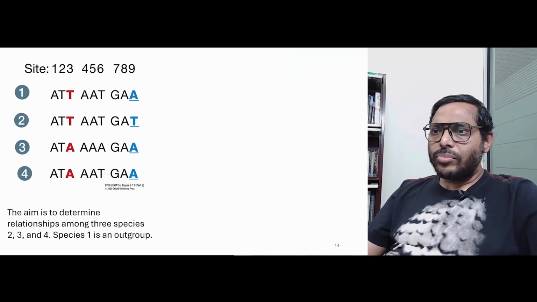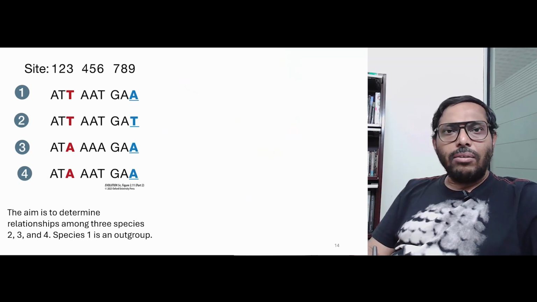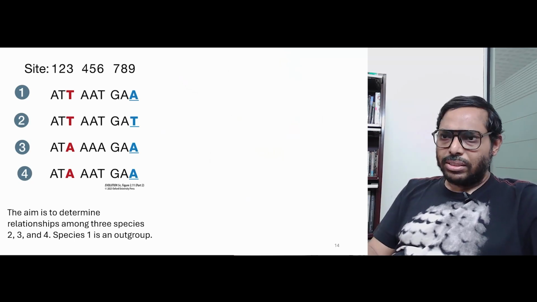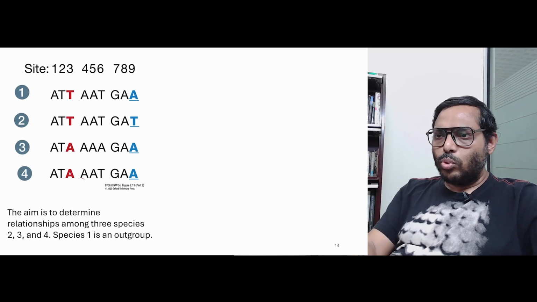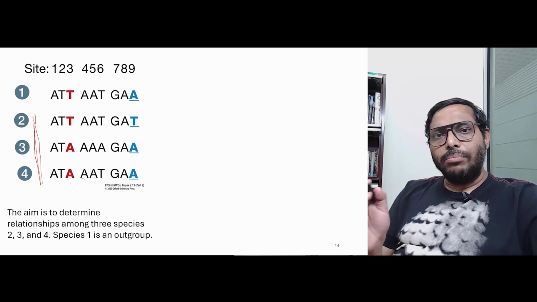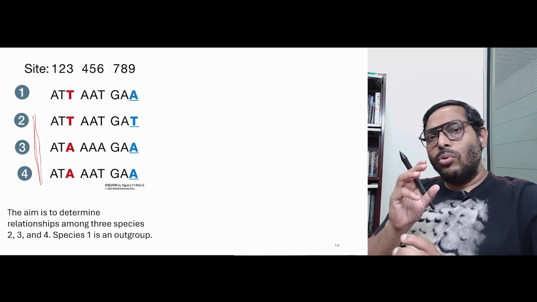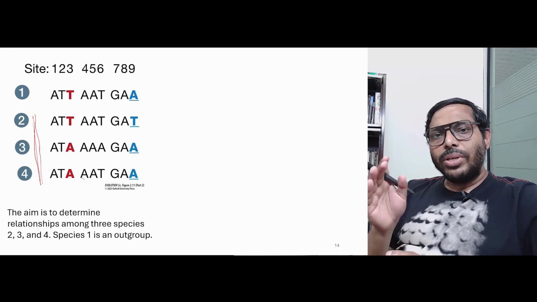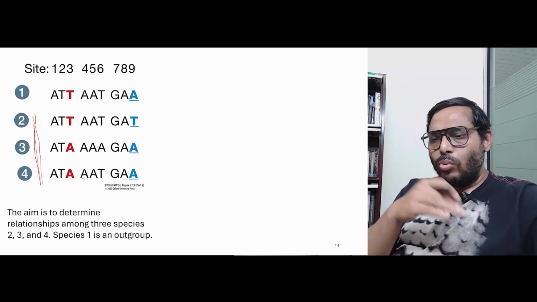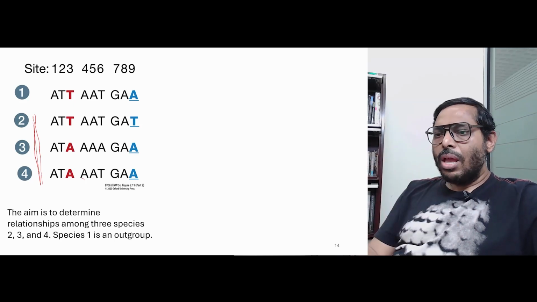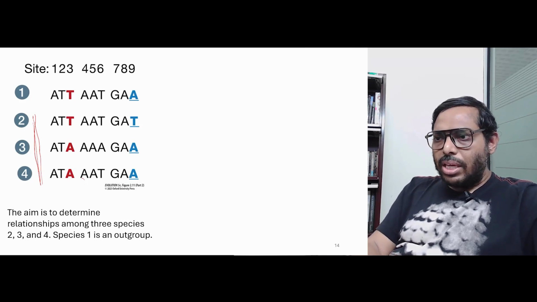Let us assume that we have three species, which we will just call 2, 3 and 4, and let us say we are interested in understanding the evolutionary relationship between the three of them. Basically, we want to know who came from whom, and roughly speaking who diverged earlier and who diverged later. Now, these three groups in which we are interested are what are known as the in group.